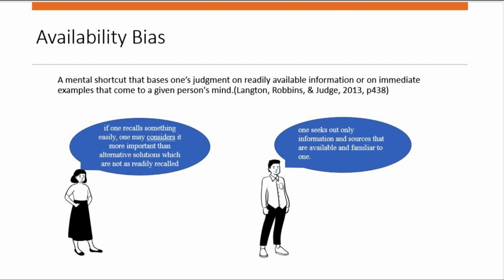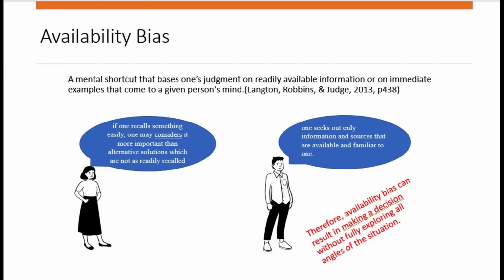So if we're, let's say, doing a project and we need information from multiple sources, we may just go and find the information that is easily available to us, and that will cause us to miss out on more information which may be as important, if not more, that are not as available to us. So this is the issue with the availability bias. It can result in making decisions without fully exploring all angles of the solution.